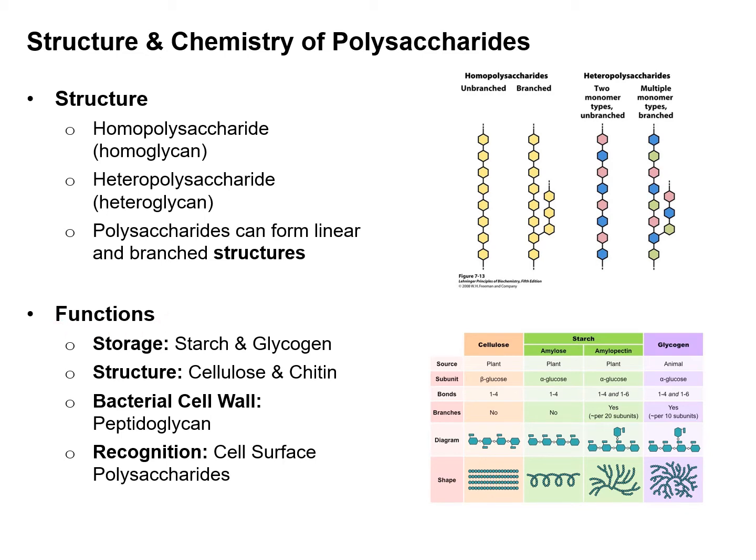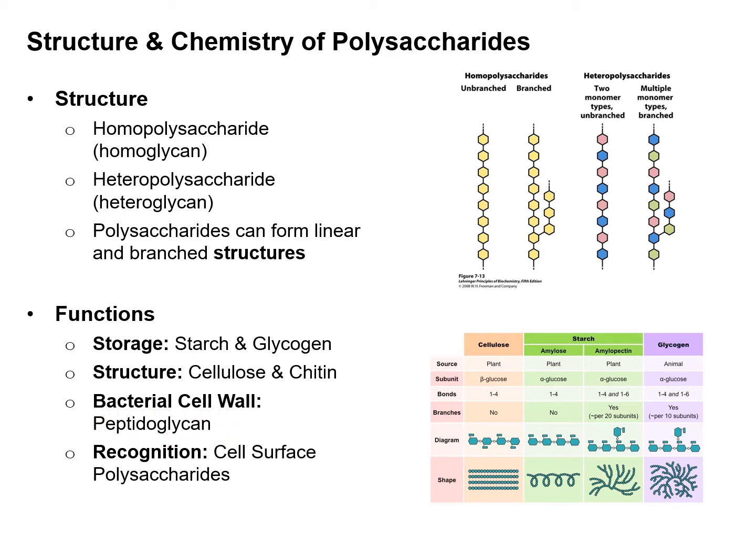Largely, the polysaccharides are involved in these four different kinds of biological functions. Starch and glycogen are involved in storage of the energy source. They are also involved in structure, and cellulose and chitin are examples of that. They are also involved in the bacterial cell wall, which is for the structure as well as protection of the cells, and peptidoglycan is a good example of that.